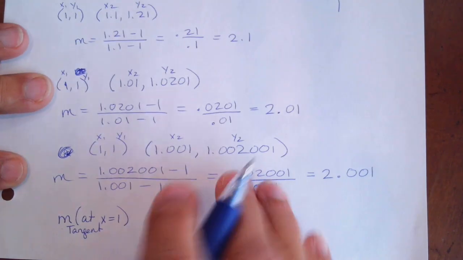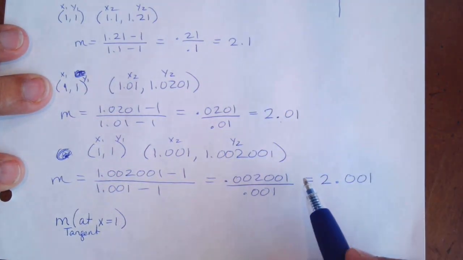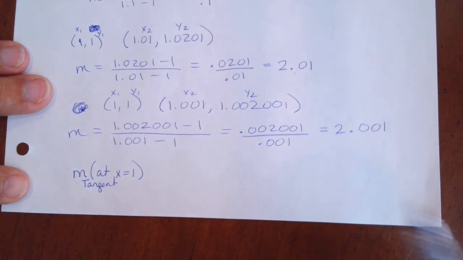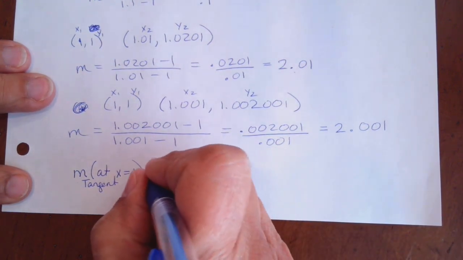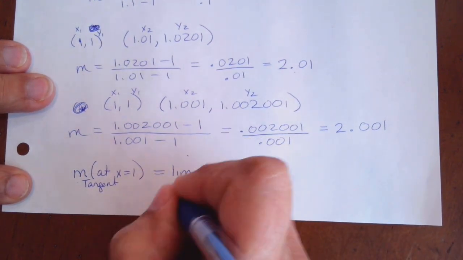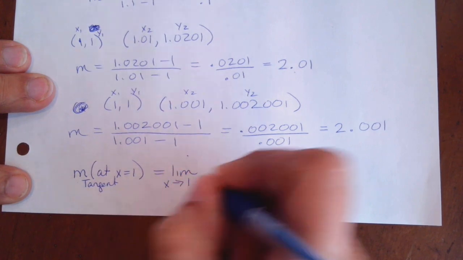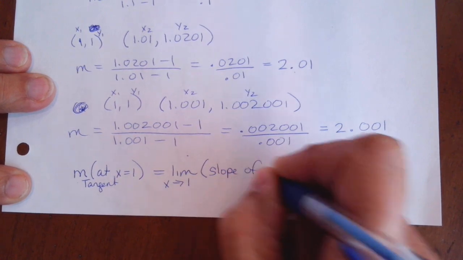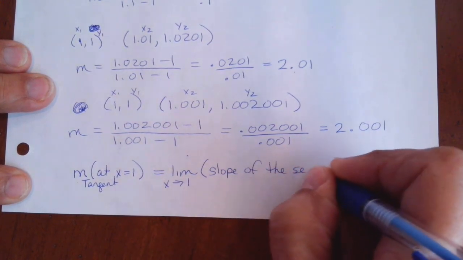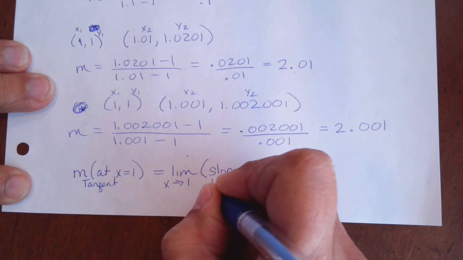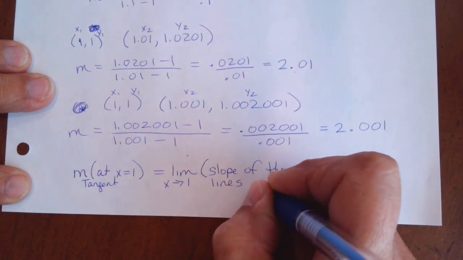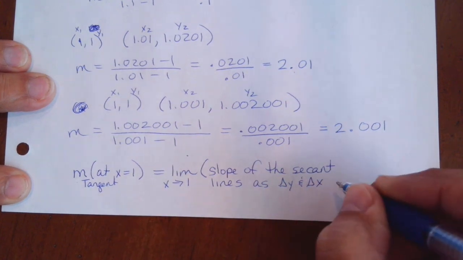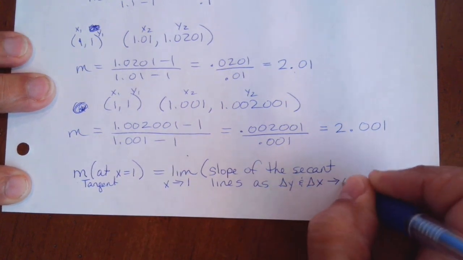And now we're doing that by finding these secant lines that are getting closer and closer to that. Okay, so that is the limit as x approaches 1, and I'm just writing this out: the slope of the secant lines as the change in y and the change in x approach 0.